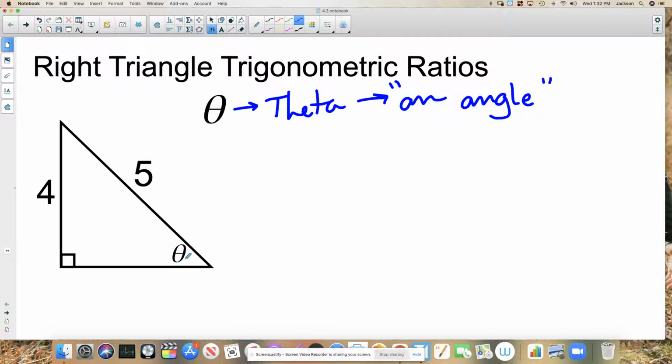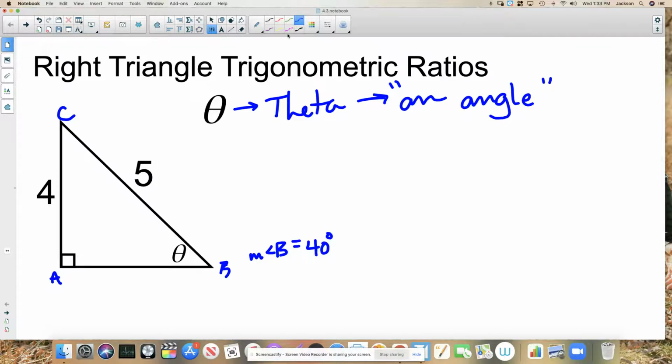One of the main differences between right triangle trigonometry in pre-calculus and in a geometry course is that in a geometry course, you may have said this is angle A, angle B, and angle C. And we're still going to have those. But when you talked about angle B, you would have said the measure of angle B is equal to 40 degrees or something like that.